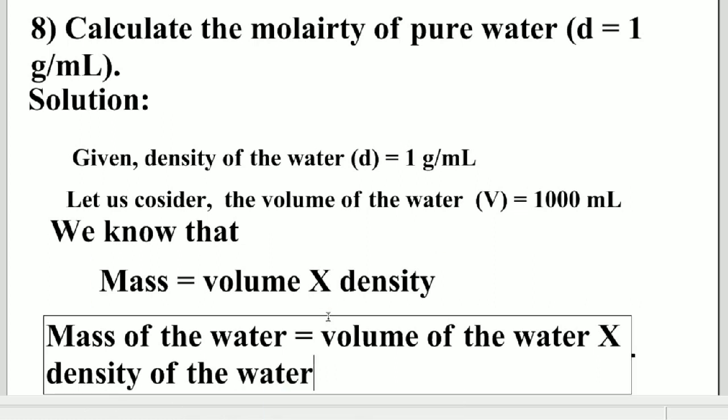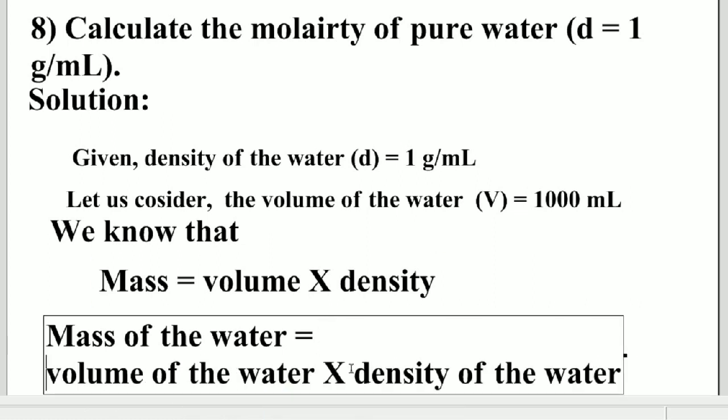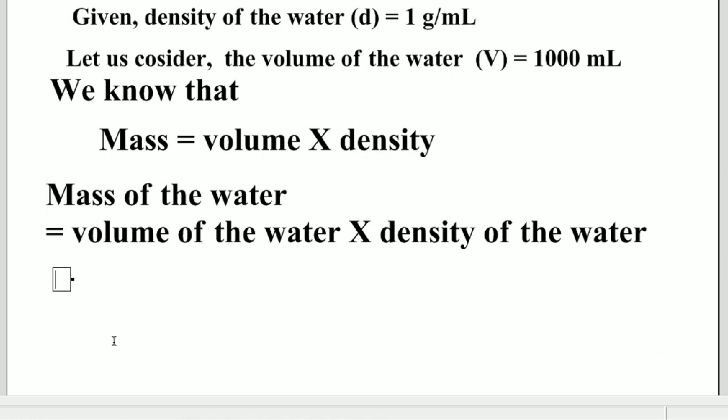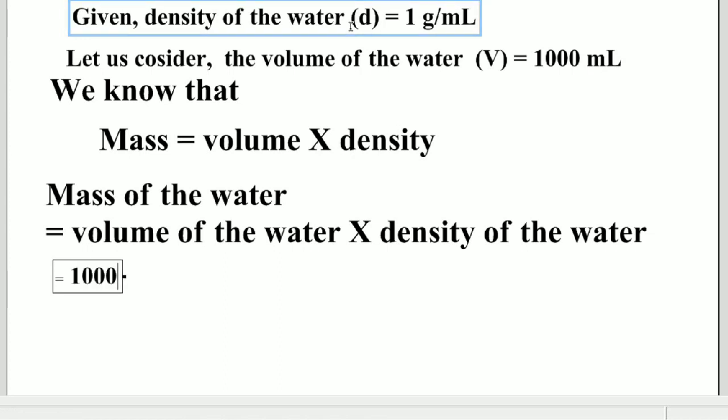Now we know both volume and density. Volume of the water is 1000 ml and density of water is 1 gram per ml, therefore that equals 1000 gram. 1000 gram is the mass of the water.